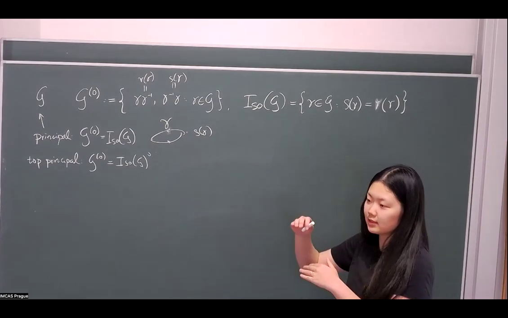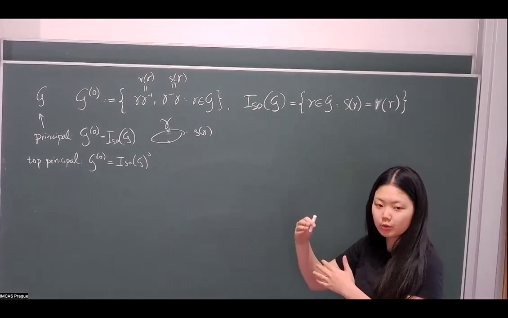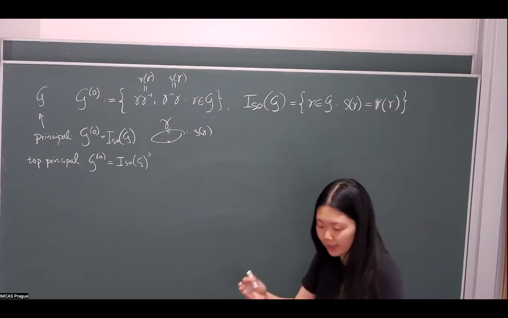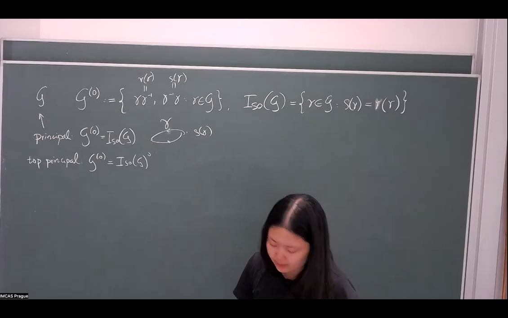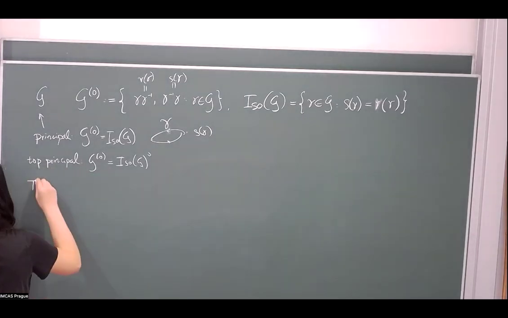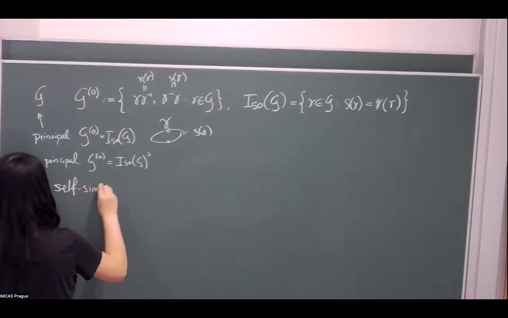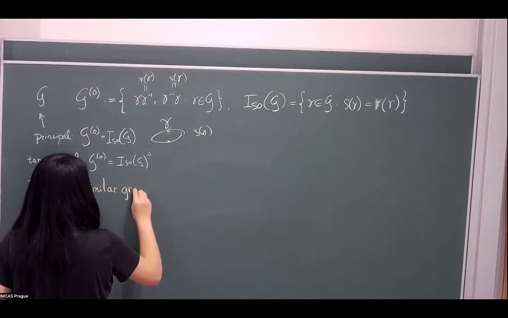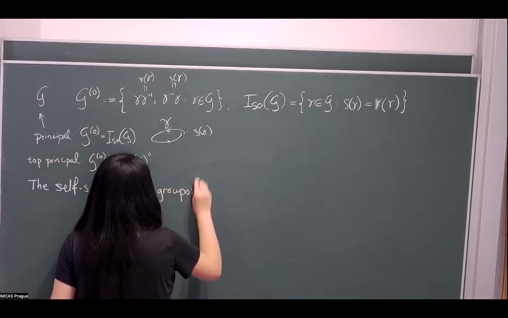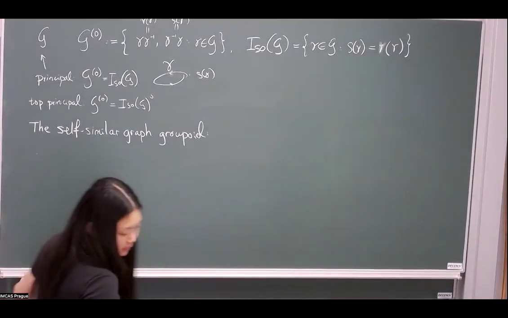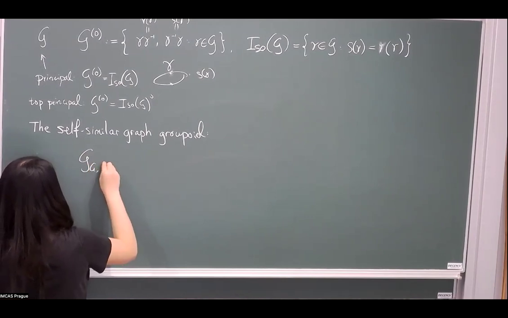You also have this tail equivalence relation, but the difference is that you need to encode the dynamical data, the group action and also the self-similar restriction map. So the self-similar graph groupoid, which I'll denote as G_{G,E}.